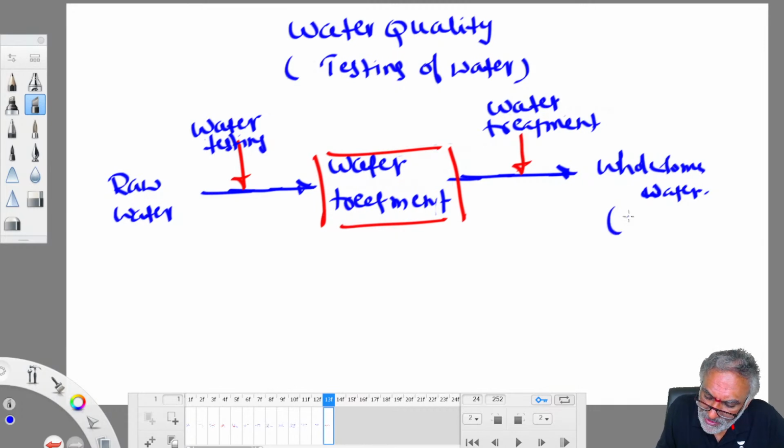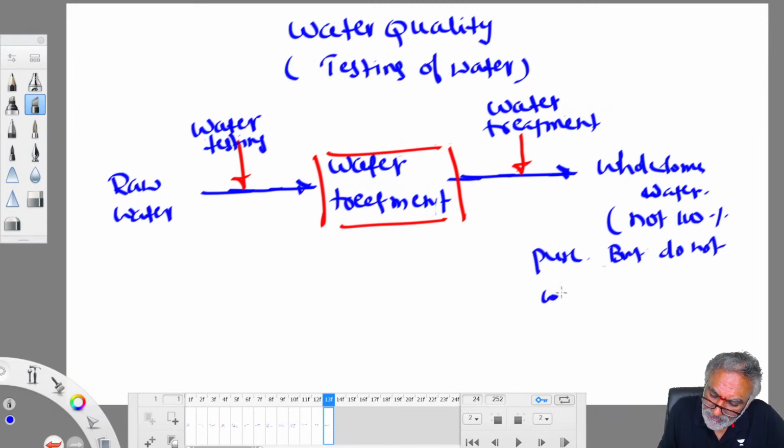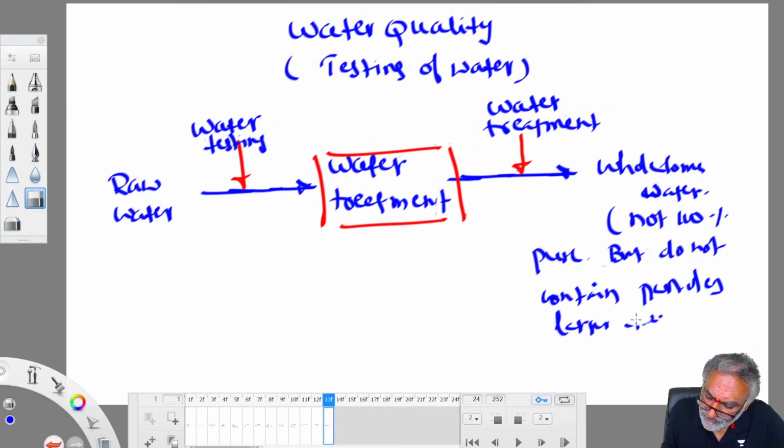Wholesome water is that water which is not 100% pure, at the same time doesn't contain anything harmful to human health. So at that level you treat, we are protected. Not 100% pure, but does not contain particles larger than 50 micron.